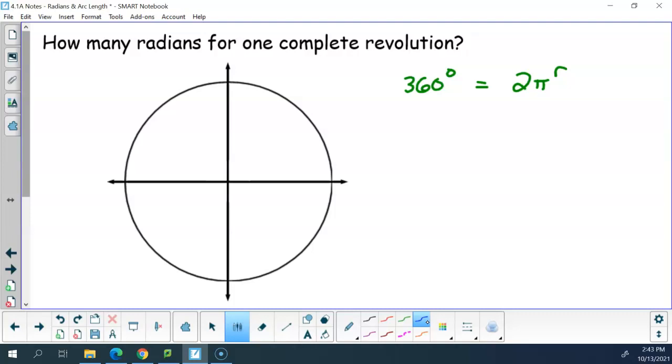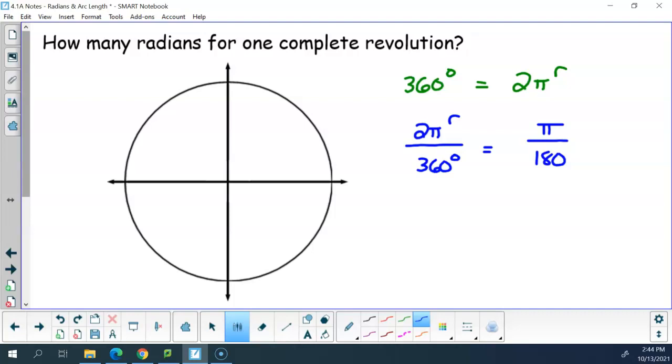If we make that a ratio, radians over degrees, we would have 2 pi radians over 360 degrees, which reduces down to pi over 180.